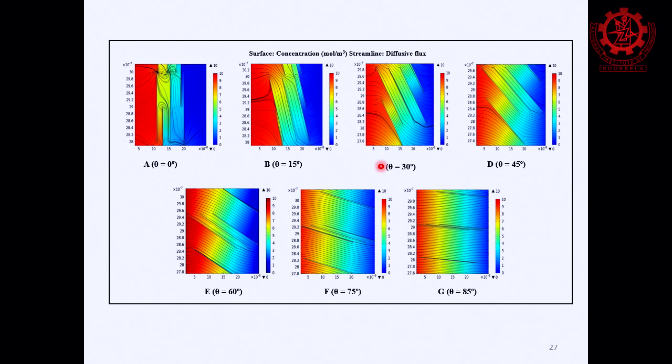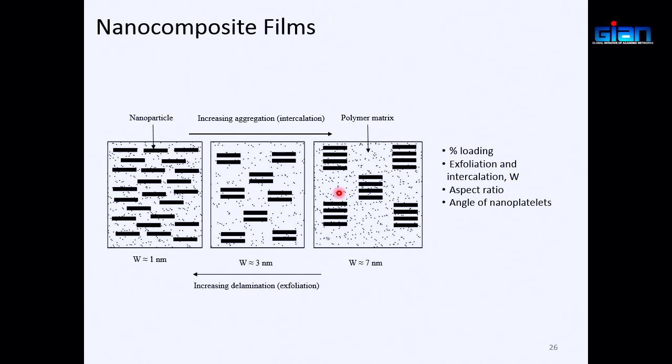Another difficulty at this point is that if these platelets are horizontal, then it would provide some restriction. And imagine if these platelets become vertical, then what will happen? It will not have any advantage. The gas will simply go through, parallel to those platelets, right?